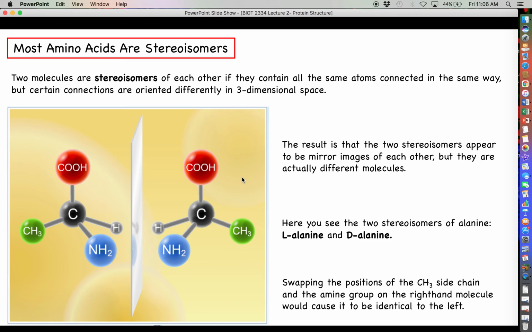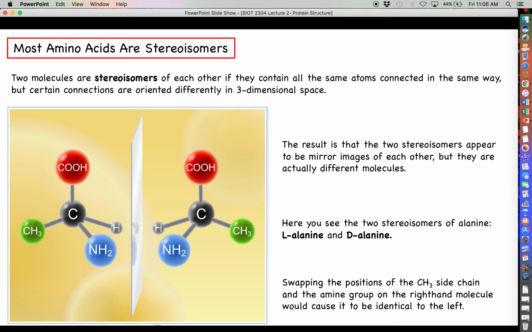So basically what we end up with here is that these are two completely different molecules because you cannot rotate these molecules in any way so that these functional groups are positioned in the same way. So these are two completely different molecules, even though they look like the same molecule, they contain all the same atoms and the same functional groups, but because these functional groups are attached to that alpha carbon in different ways, they end up being completely different molecules.